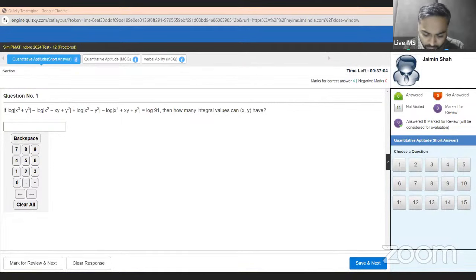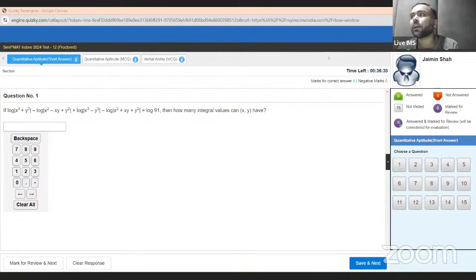So basically we are saying that x square minus y square is equal to 91. Difference of two perfect squares is 91 is what we are saying here. So the product of two numbers should be 91: x plus y into x minus y should be 91.